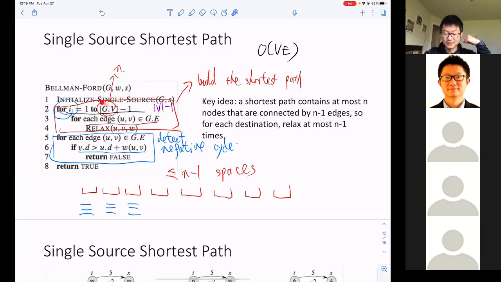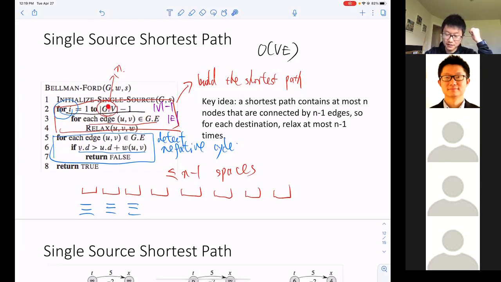How many iterations are there in the for loop in the third line? E, because for each edge in the graph, we need to have one iteration.